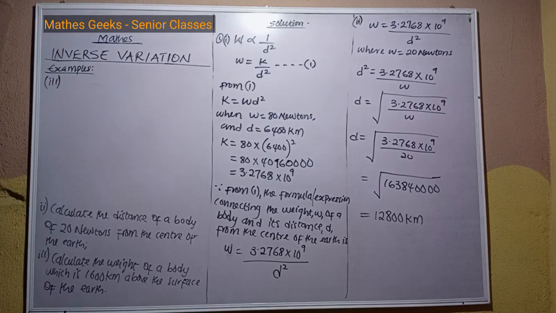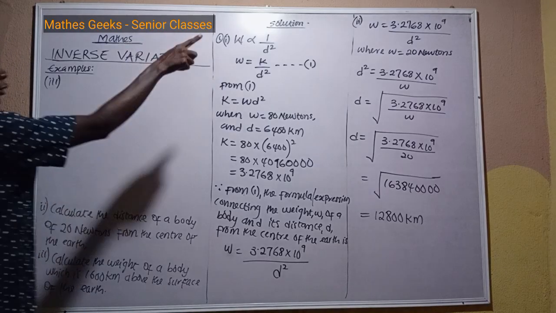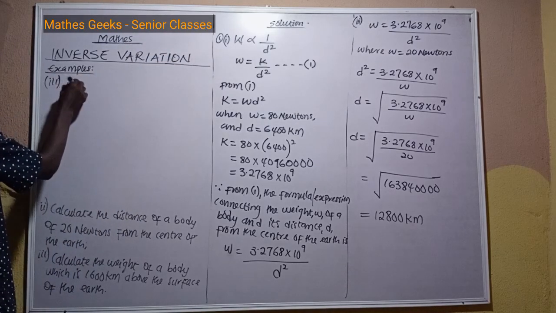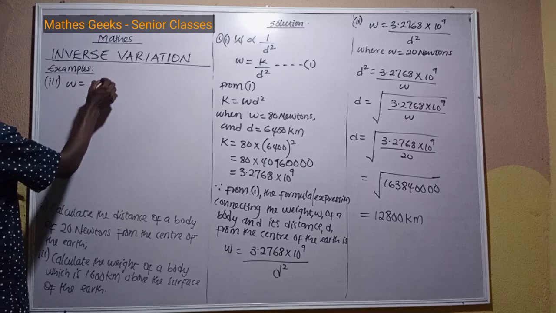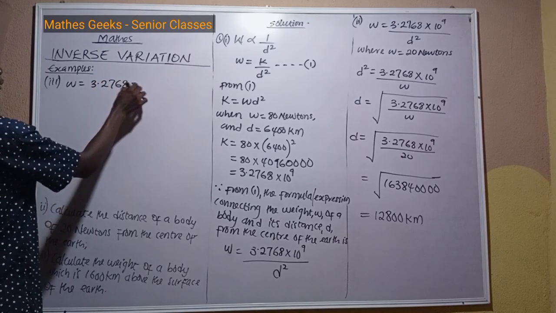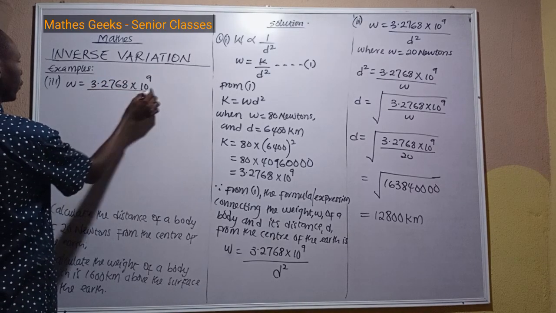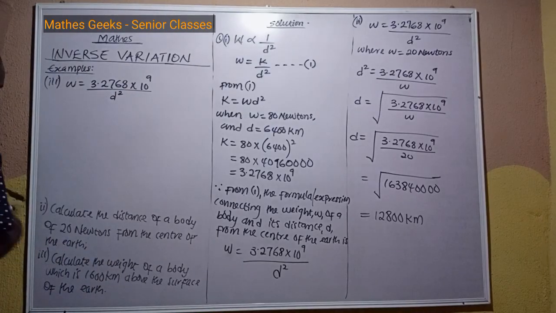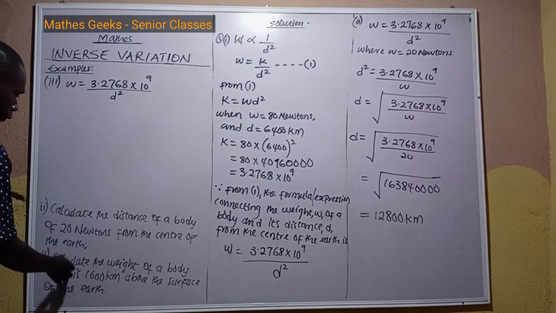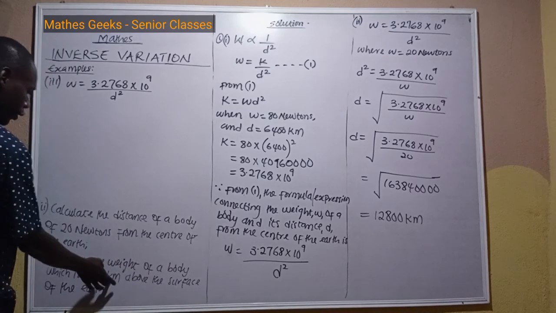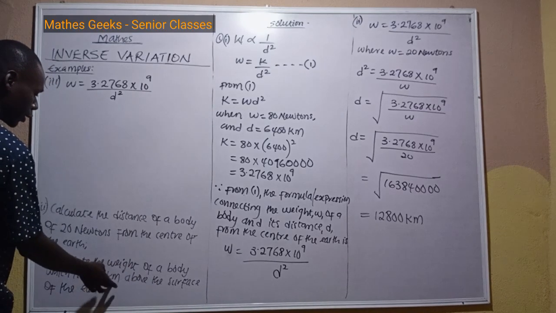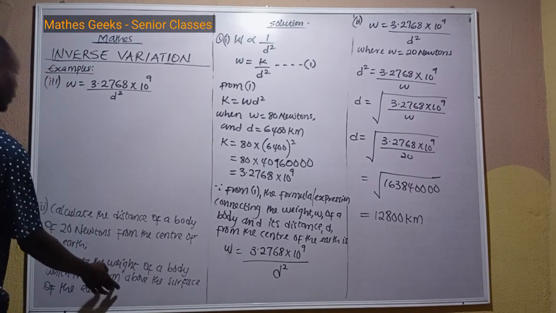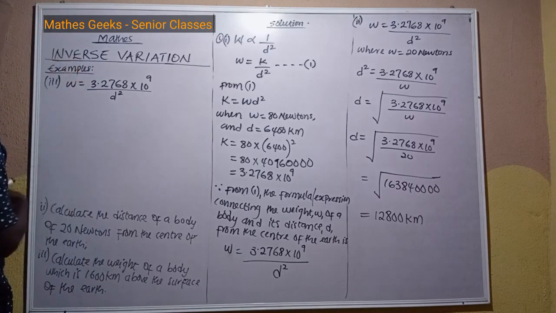Now part 3 says calculate the weight of a body which is 1,600 kilometers above the surface of the Earth. So basically we're going to make use of that formula, W is equal to 3.2768 times 10 raised to the power of 9 over d squared. In this question we have to look for the weight of a body which is 1,600 kilometers above the surface of the Earth. That's the distance from the surface of the Earth.